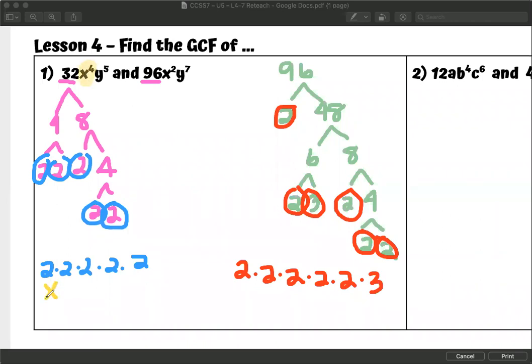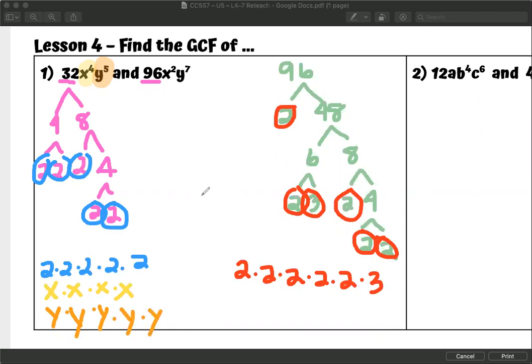So X times X times X times X. And then if we have Y to the 5th, that means we have 5 Y's. So 1, 2, 3, 4, 5.